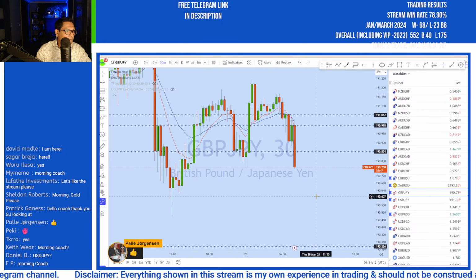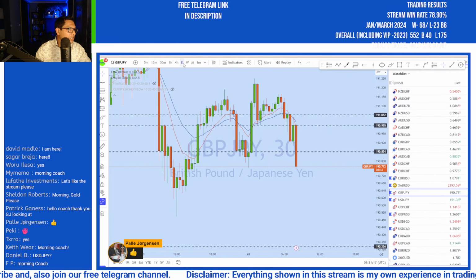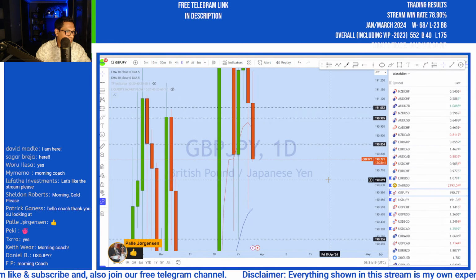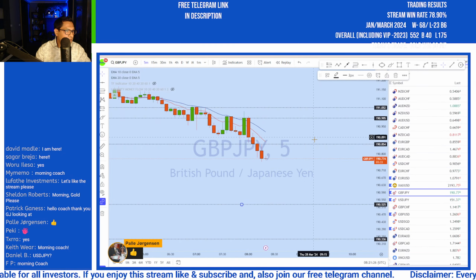We see there is a big move in the market now. At the moment, we need to see where the price is heading. We can see that GBP JPY is also having a very strong breakdown.